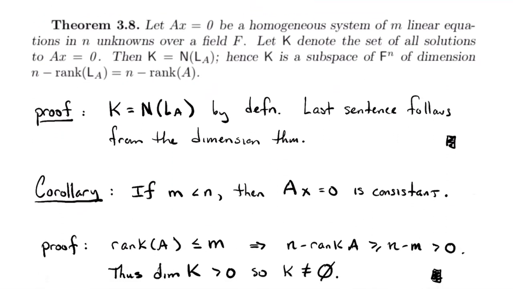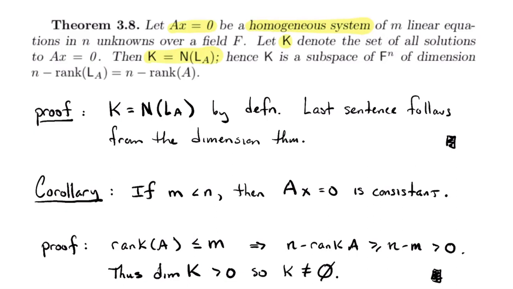Here's the first result, theorem 3.8. If you take a homogeneous system, so notice that the author is writing Ax equals 0, it's got m equations and n unknowns. And if we let K denote the set of all solutions to it, then K is nothing more than the null space of the linear map L sub A, because it maps Fn to Fm.